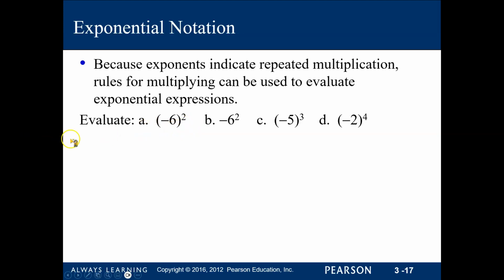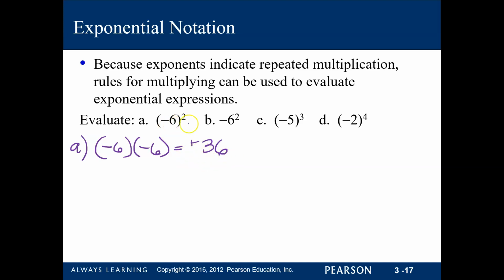So if we write down letter A, this is actually negative 6 times negative 6. Based on our rule with multiplication of integers, negative times negative is going to be a positive number, and 6 times 6 is going to be 36.